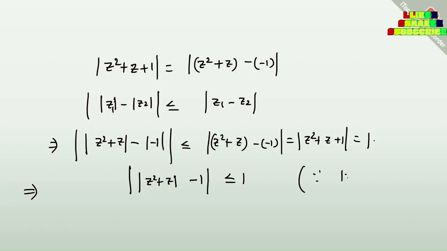Now we know that mod of x is less than or equal to a, where a is greater than 0, implies negative of a is less than or equal to x and x is less than or equal to a. Therefore this inequality can be written as negative of 1 is less than or equal to mod of Z square plus Z minus 1 is less than or equal to 1.